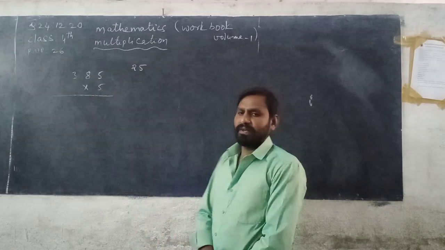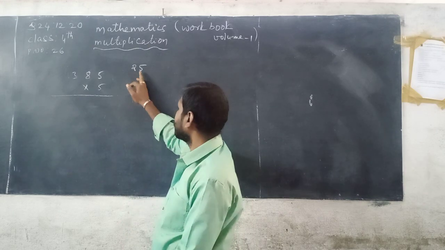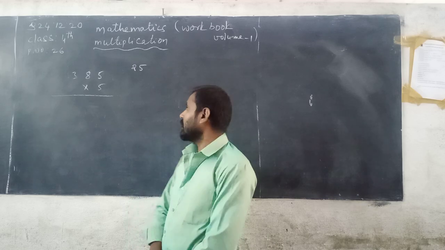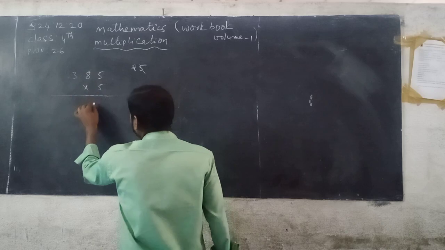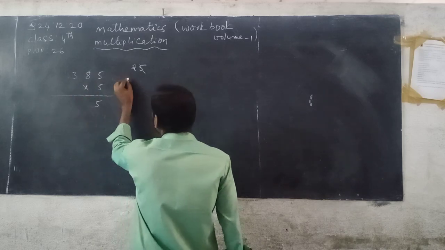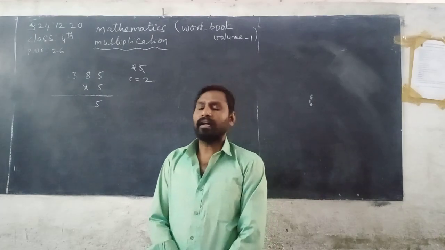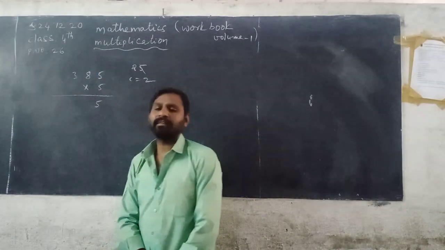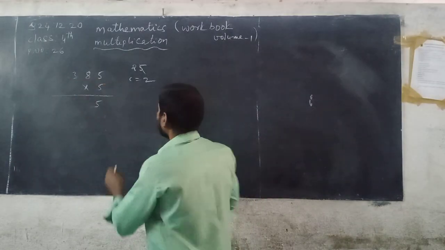25 is a 2-digit number. So here 5 is in the 1's place and 2 is in the 10's place. Here 5 is taken and written down in the 1's column of the product and the remaining number 2 is carried. Now next we multiply the digits in the 10's place. 8 with 5, then 5 8s are 40.